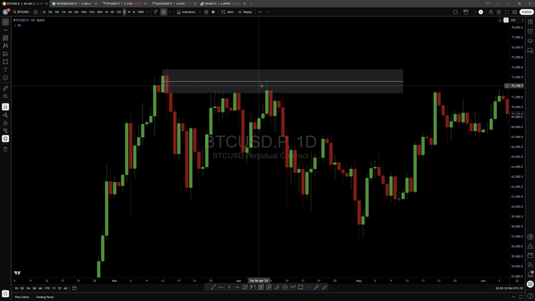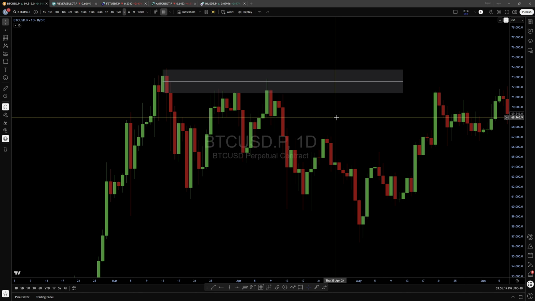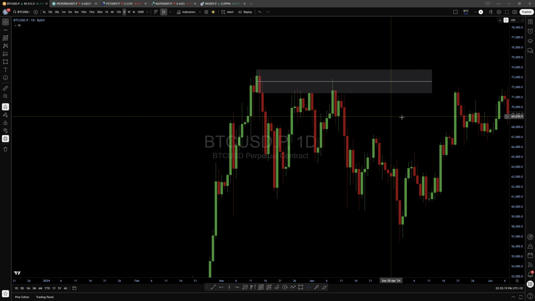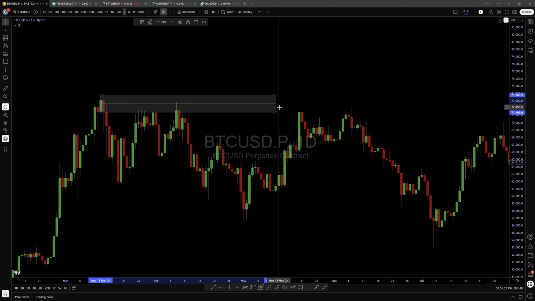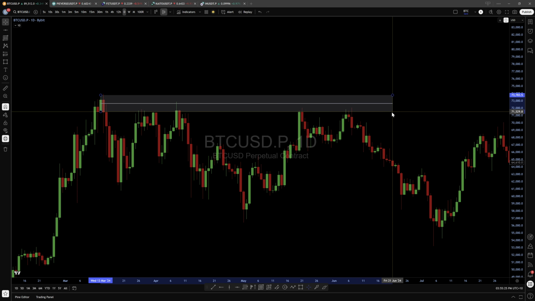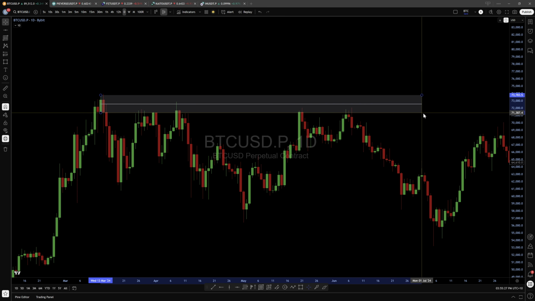That can also be an invalidation line. If a candle closes above it, the order may be taken care of, and it may not be strong enough to reverse price anymore. But in this case, it went further and hit it more. So that was a strong order block.